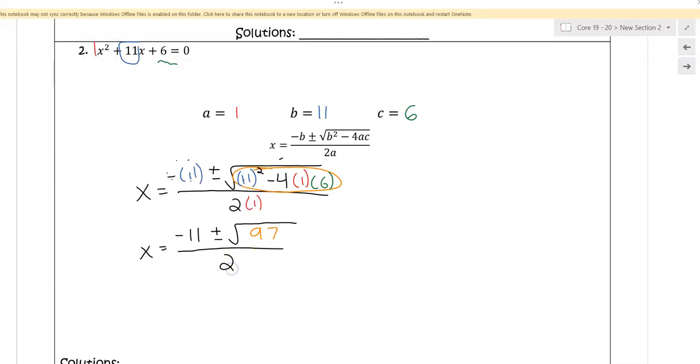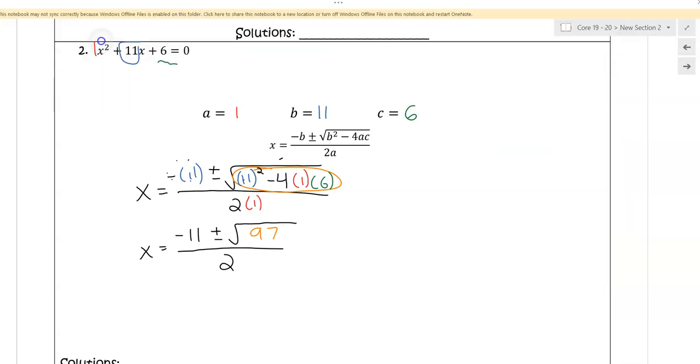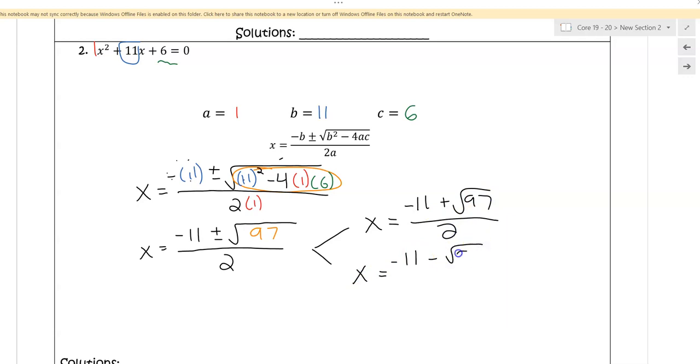All over 2. So then I'm going to check, can I take the square root of 97? No, I get a decimal. Okay, so if you can't simplify it, we just write our 2 different answers. x equals negative 11 plus the square root of 97 over 2, and x equals negative 11 minus the square root of 97 over 2. Okay?